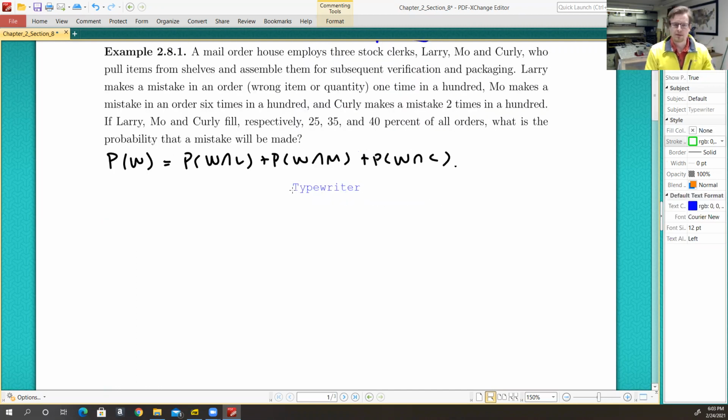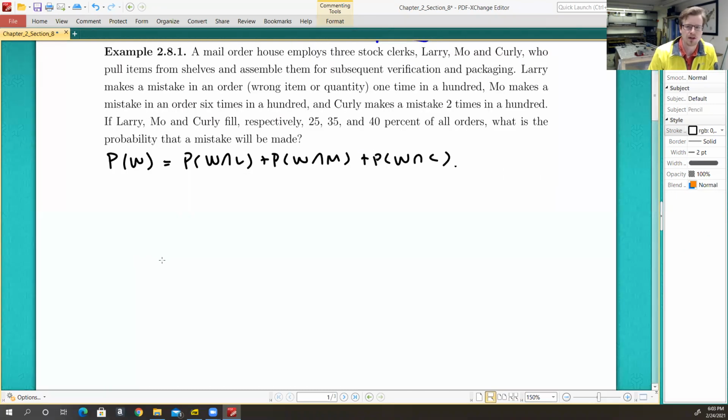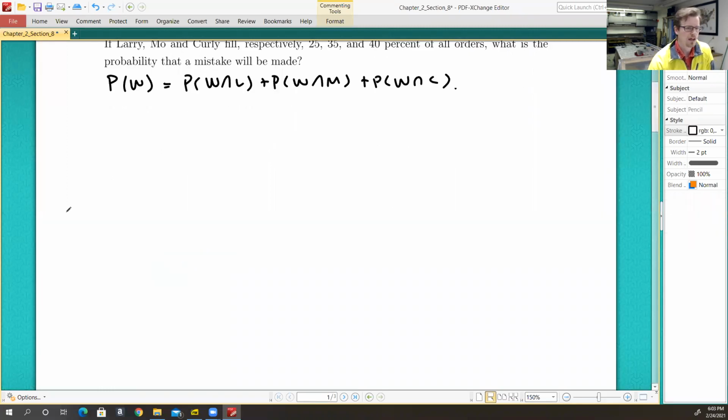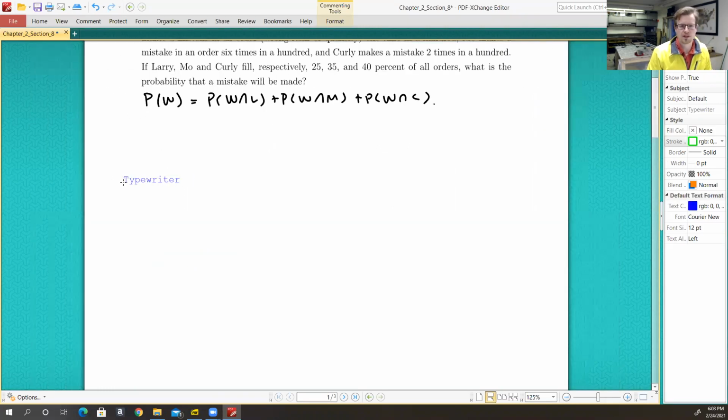But still, maybe this isn't quite piecing together yet. So let's give one more nice visual representation of what's going on here. This is kind of fun. We can make a tree diagram for the situation. So let's say someone submits an order.